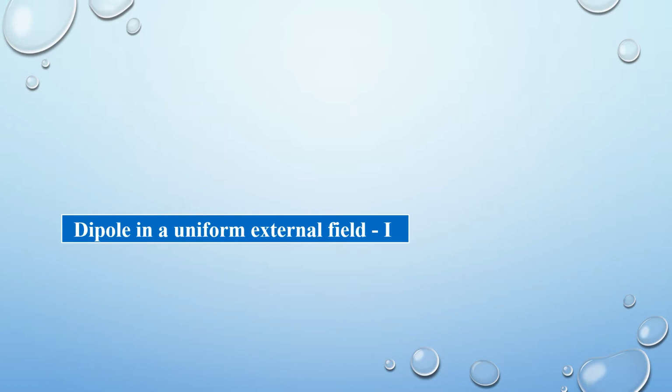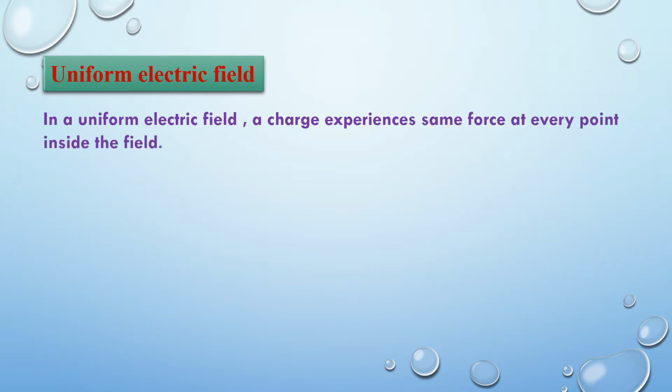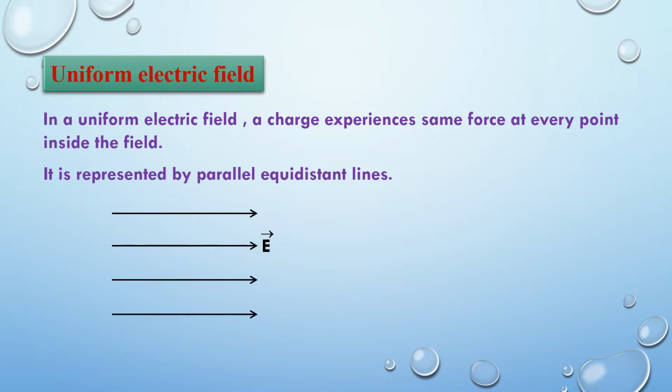Hello dear students, let us discuss the next concept, which is electric dipole in a uniform electric field. To begin with, a uniform electric field can be defined as one in which a charge experiences the same force at every point inside the field, and it is represented by parallel equidistant lines as shown in this diagram.